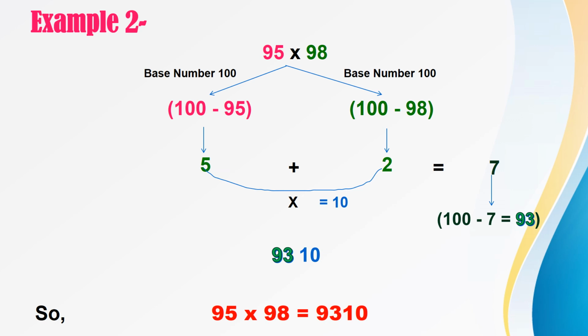Isn't that so much easier than multiplying the numbers in the normal right to left way?